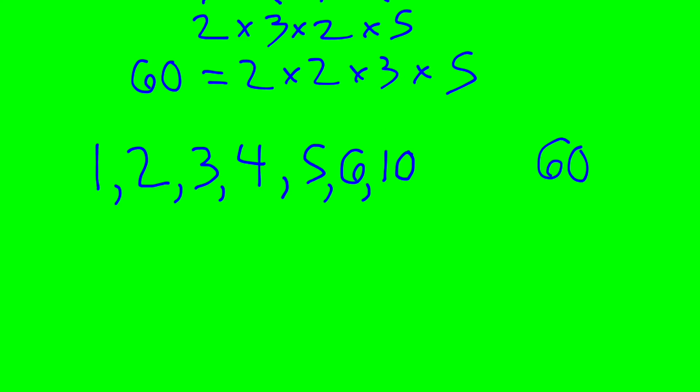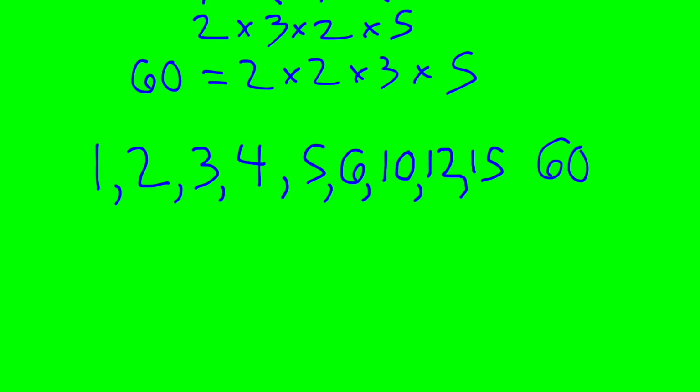So 12 is a factor of 60. One pair of numbers that I missed was 3 times 5. So 3 times 5 is 15.